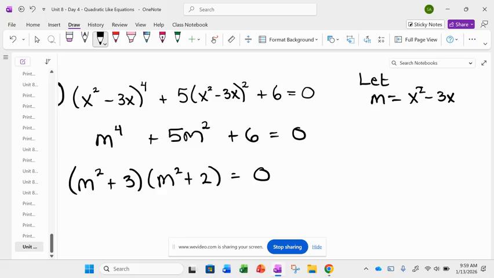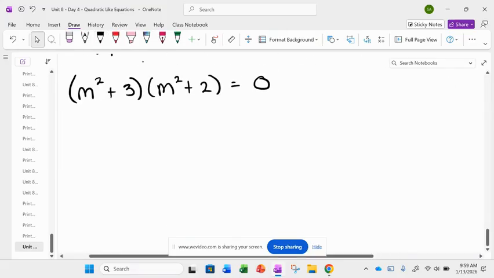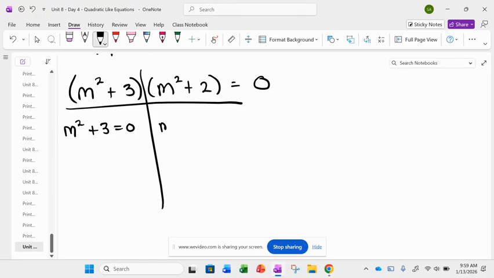No, this is definitely not a dot. It's not a cubes because there's nothing raised to the third power. And there's plus signs here. So like I said, we keep going. We go to solve now. So when we go to solve, I'm going to have m squared plus 3 equals 0 and m squared plus 2 equals 0. So now we get m squared equals negative 3. To undo a square, what must we do?